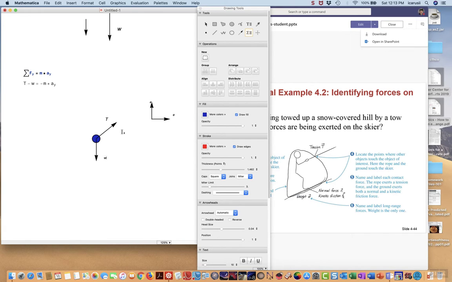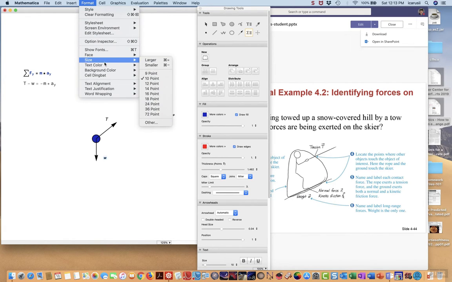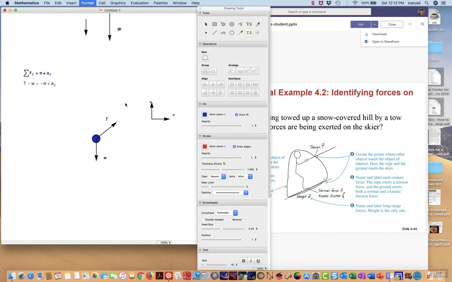Okay, what else do I have acting on the skier? I have the weight, I have the tension. Now I have also a normal force. So my normal force is going to be here.